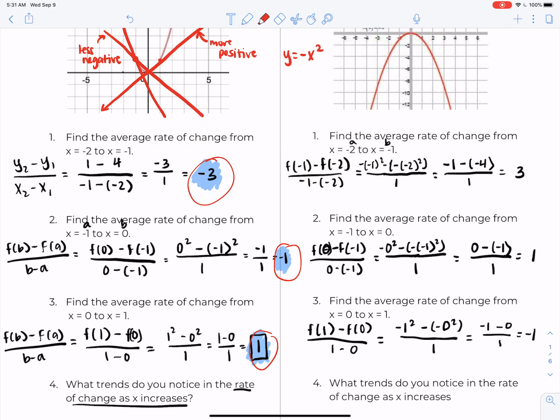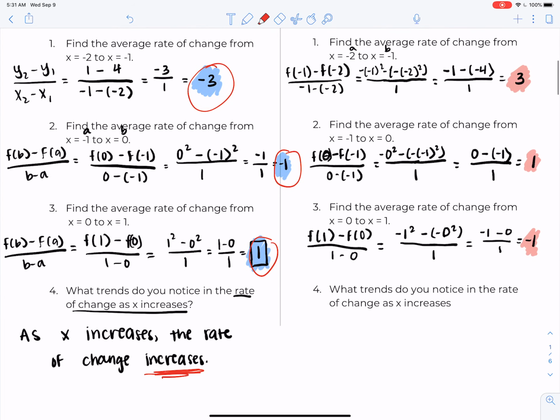Here on the left, we saw that the average rate of change was increasing as x increased. But here we start off at 3, but then it becomes 1, and then it becomes negative 1. We see instead for this function, our average rate of change is decreasing as x increases. As x increases, the rate of change is decreasing.